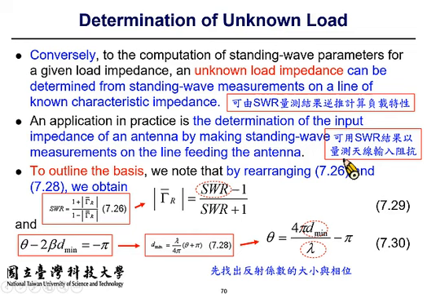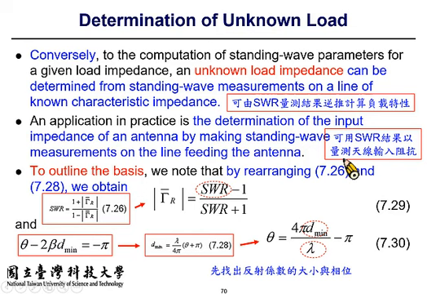So to outline the process, we can see that the magnitude of the reflection coefficient, that is gamma, can be found from the standing wave ratio: SWR minus 1 over SWR plus 1. And according to the measurement, you have D minimum.